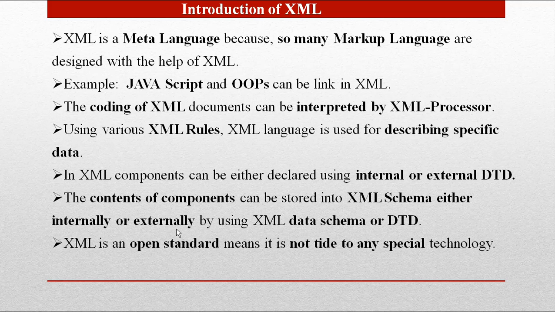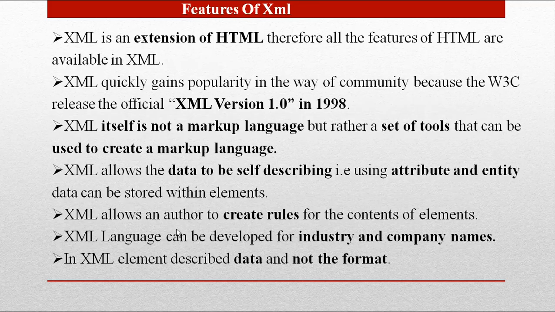It does not depend on any special technology. XML is an extension of HTML, and therefore features of HTML are available in XML. XML quickly gained popularity because W3C released the official XML version 1.0 in 1998. After that it gained popularity.